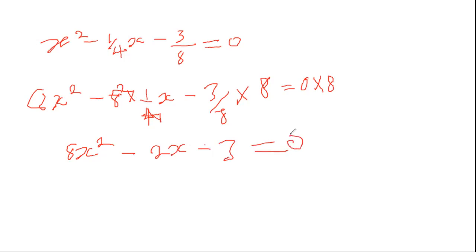So that would be our quadratic equation whose roots are 3 over 4 and negative a half. Yes, we can do one more, and we shall stop there.